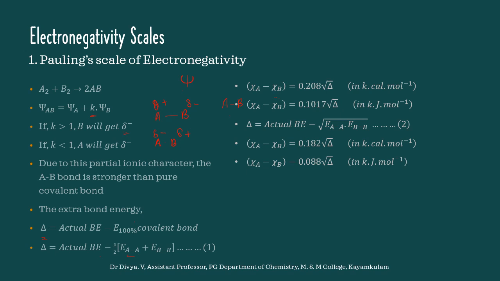Okay, and since this chi A minus chi B is the difference, Pauling fixed the most electronegative element fluorine as reference and assigned a value of 4. Okay, അപ്പോൾ അദ്ദേഹമാണ് ഫ്ലൂറിന് എന്ത് കൊടുത്തത്? സിൻസ് ഇറ്റ് ഈസ് എ മോസ്റ്റ് ഇലക്ട്രോനെഗറ്റിവിറ്റി എലമെന്റ്, അതായത് ഒരുപാട് എക്സ്പെരിമെന്റ്സ് നടത്തിയാണ് അദ്ദേഹം മനസ്സിലാക്കിയത് ഫ്ലൂറിനാണ് കൂട്ടത്തിൽ ഏറ്റവും ഇലക്ട്രോനെഗറ്റിവിറ്റി കൂടിയ എലമെന്റ്, ആൻഡ് ഹി പുട്ട് ദ വാല്യൂ ഓഫ് 4.